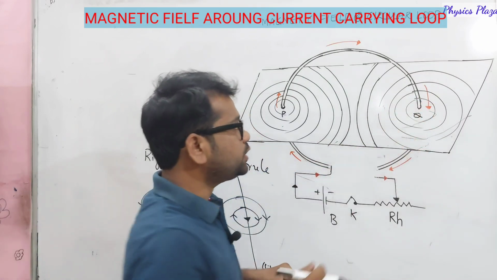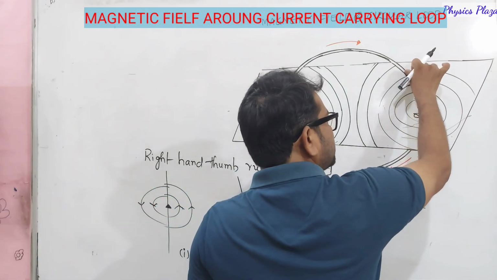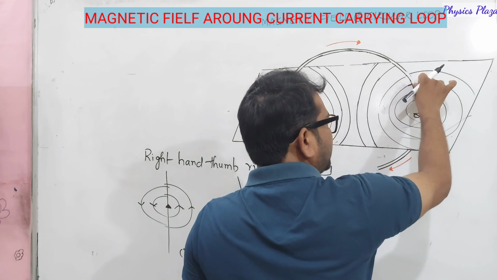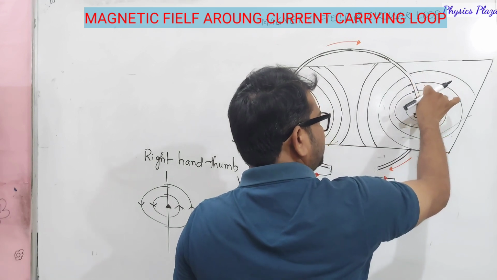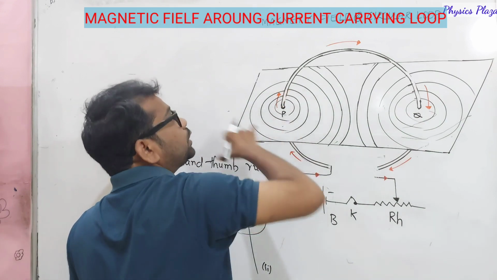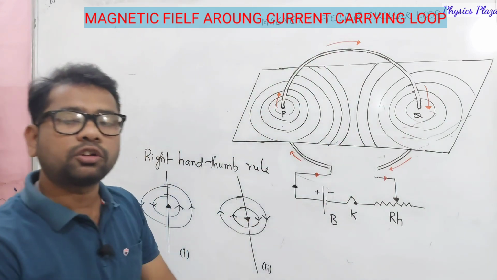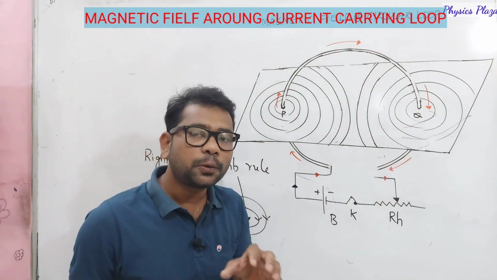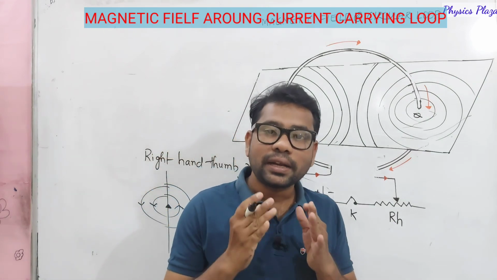And the very important thing is how the magnetic field direction is at point P, at point Q, and if you notice the whole circular loop, how the magnetic field will be. For that we are going to use the right hand thumb rule again.